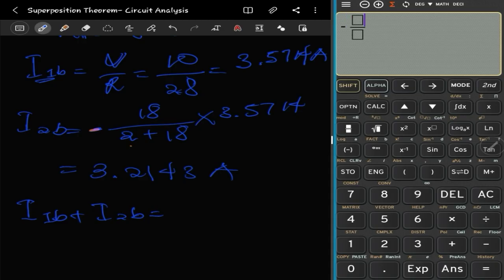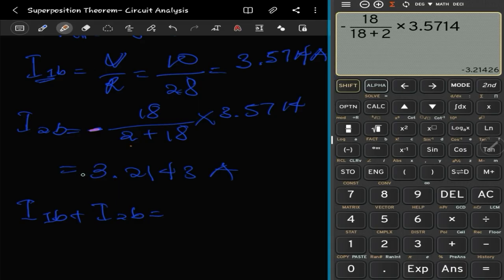Whenever you skip a negative, it becomes a whole new story. So this negative is very important. So that will be 18 on 18 plus 2, right? Times 3.5714. Yeah, so this here is negative. Very important. If you skip it, it's a whole new story.